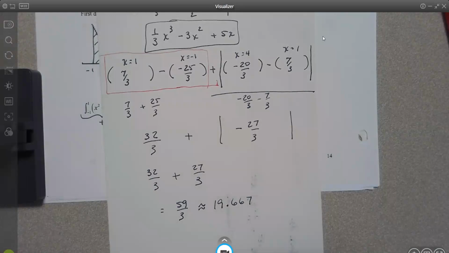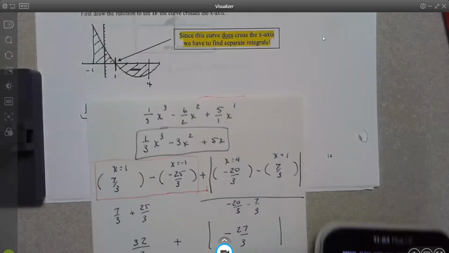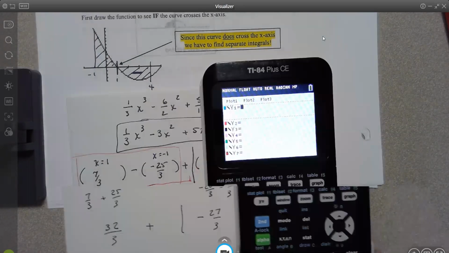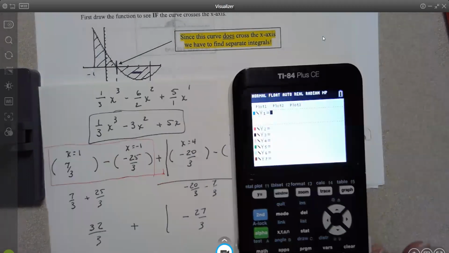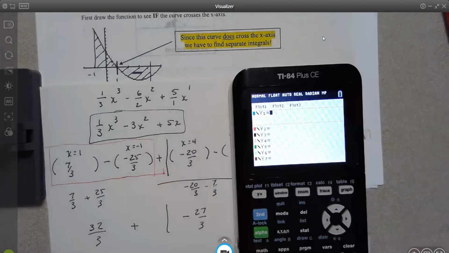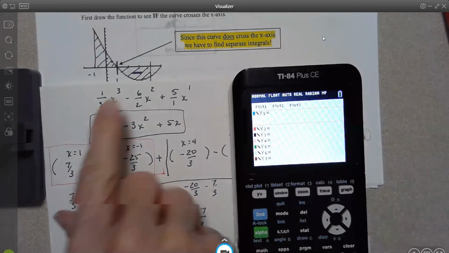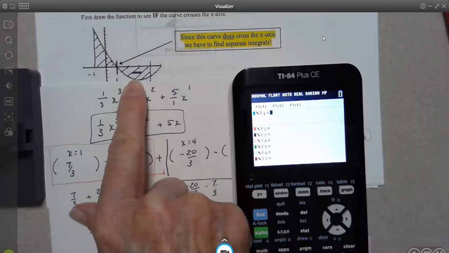Now, let me get my calculator. But I'm going to do something with my calculator. So I need you to go to y equals. Is everybody there? Yes. Now, because part of my curve is below, in order for me to check on my calculator, I need everything above.